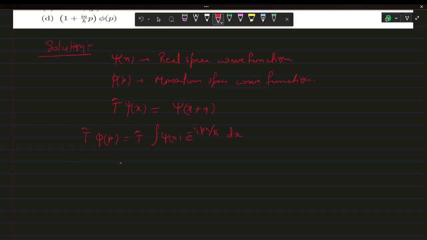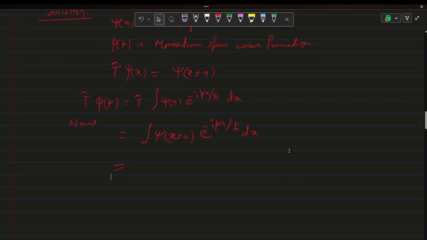Now we can write it as integration ψ(x+a) e to the power minus ipx upon ħ dx.